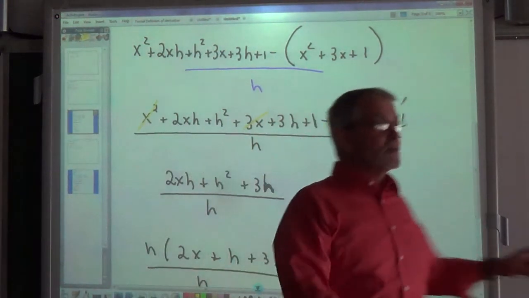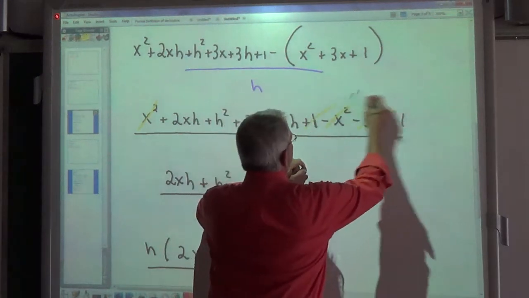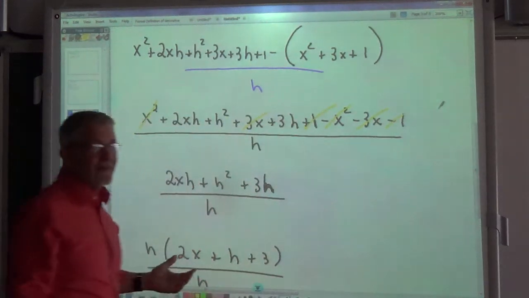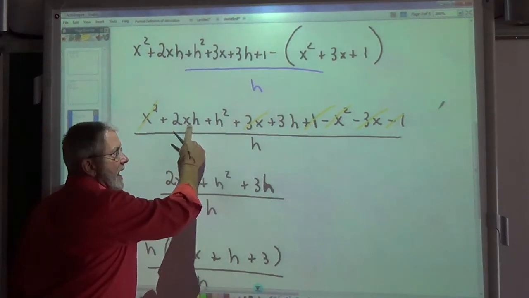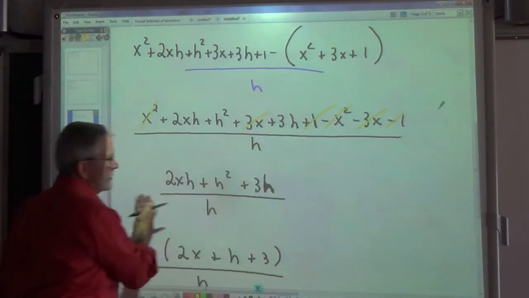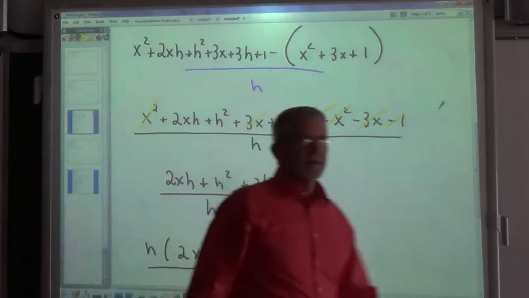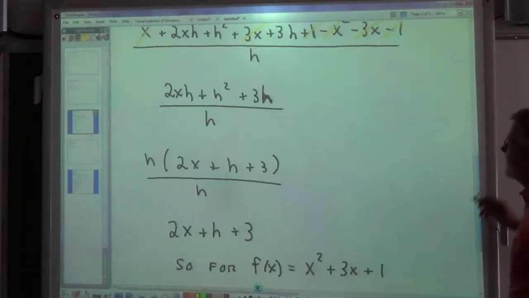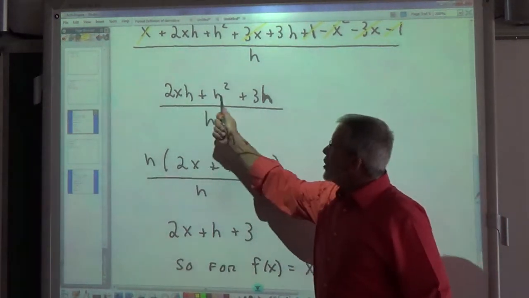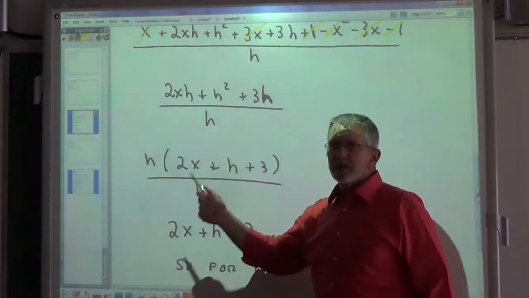It does not. Guess what? 1 minus 1. Subtract away. What do I have left? Up on top, I have left a 2xh, an h squared, and a 3h, all over h. Next step, next process, next thing we're going to do: each of those terms has an h.